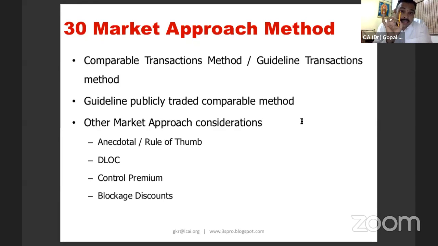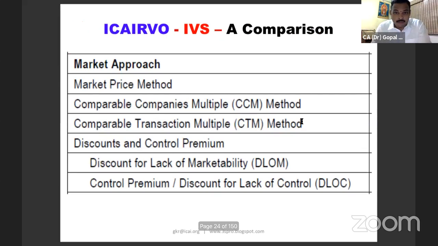One additional method is discussed in market approach, which is not discussed in ICRVO. ICRVO discussed only two methods: comparable companies market method and comparable transaction multiple method. Of course, one more method they discuss, that is called the market price method, which has some similarity with the other two methods.